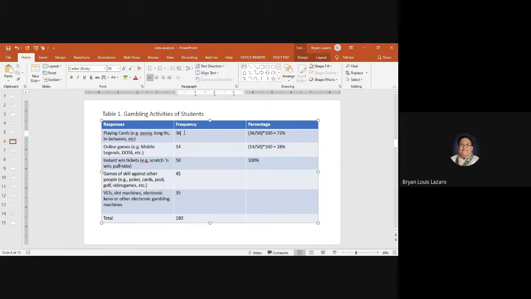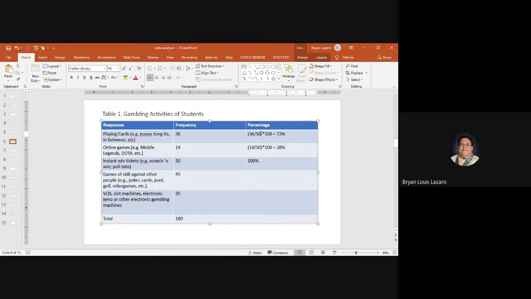Tama ba na ang 36 ay gawang ko ng percentage ng 180, kung sa total responses ang iyong pagbabasihan? Ang gusto nating malaman, ilan doon sa mga respondents ninyo ang nagagambling ng playing cards, like pusoy, tong-its, in between, etc. So in this part, isa-isa mo silang i-divide sa total number of respondents mo, which is 60.